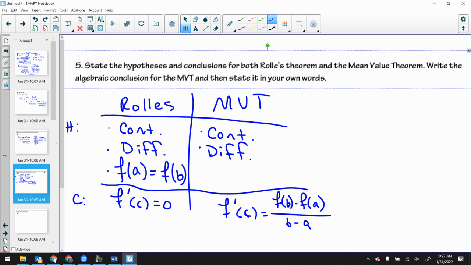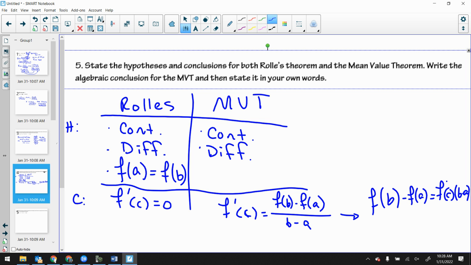And essentially that's the equation, right? When it says state the algebraic conclusion of the mean value theorem, that is f of b minus f of a is equal to f prime of c times b minus a. Sorry, you're not going to be able to see that on TV.